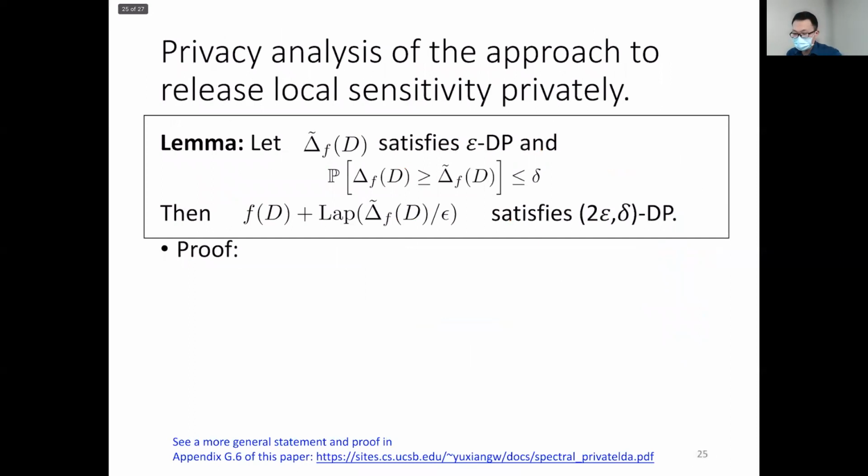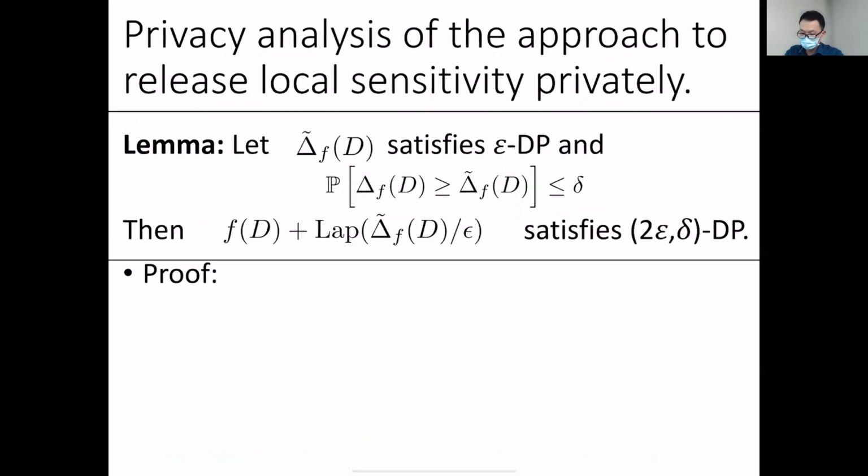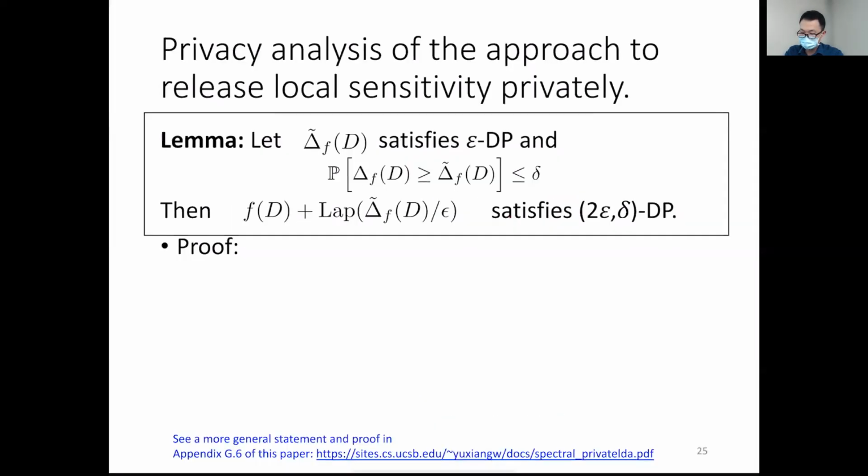Okay, so here's a slightly more general extension lemma. It says that if we can provide a high probability upper bound to the local sensitivity, where this delta is the local sensitivity of F, sorry about the notation.